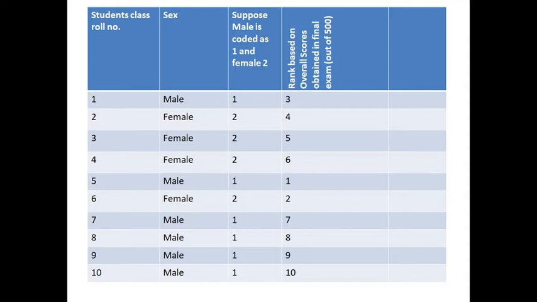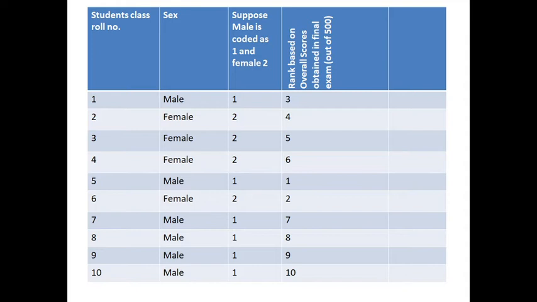Now here you see roll number 1, the student secured third rank. Who is securing first rank? First rank is secured by roll number 5. But this is ordinal scale, because the order or the rank secured is given.